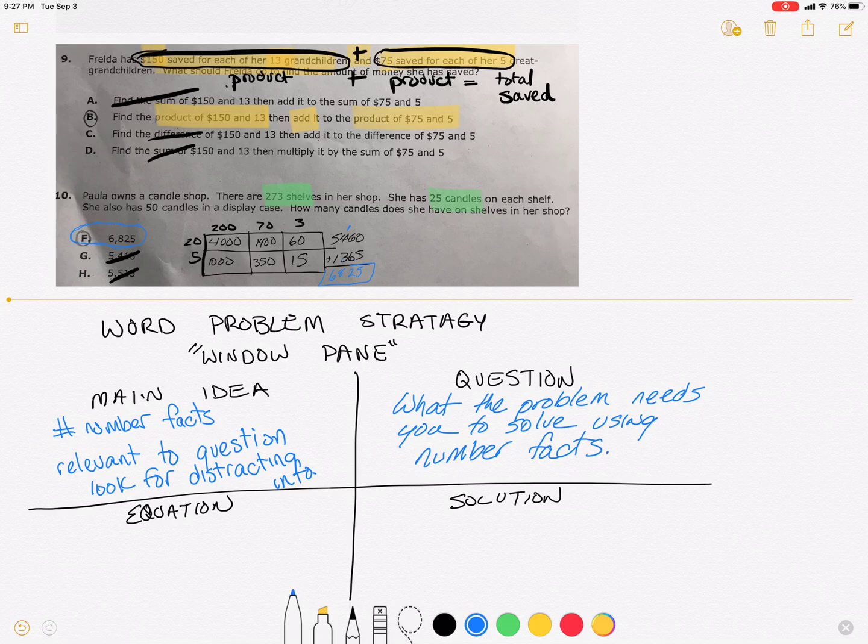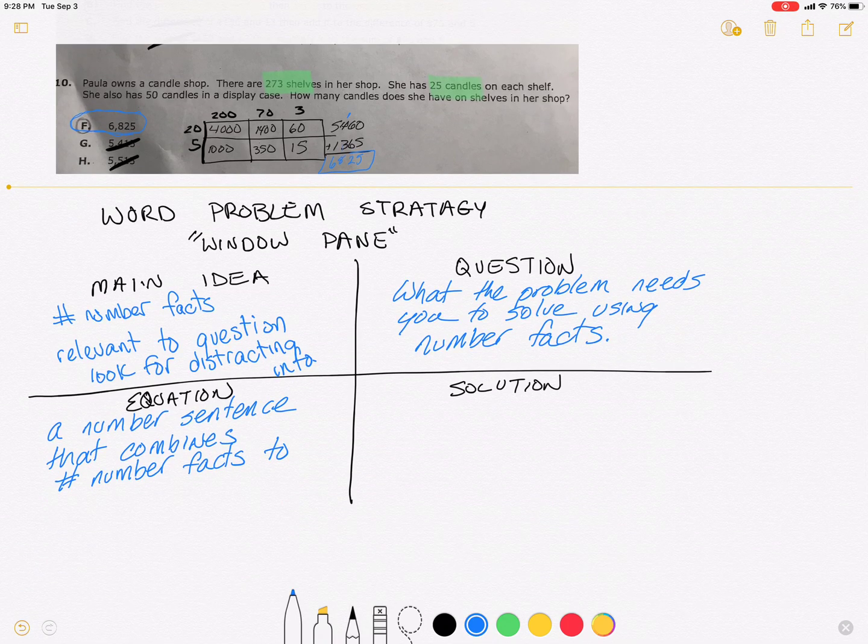The equation is a number sentence that combines number facts to get the solution to the question.